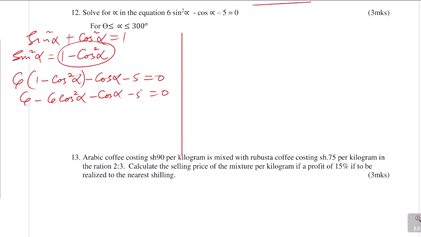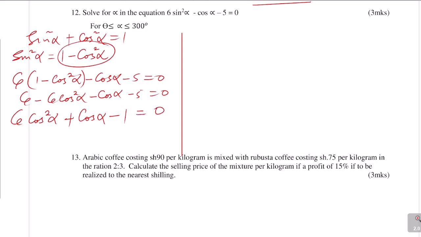You can reorganize this to form a quadratic equation. When you reorganize it, you'll get 6 cosine squared alpha plus cosine alpha minus 1 is equal to 0.